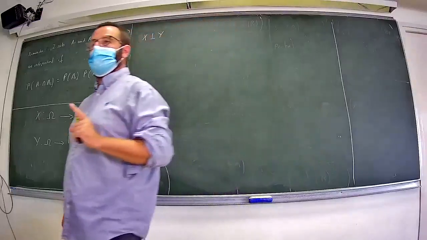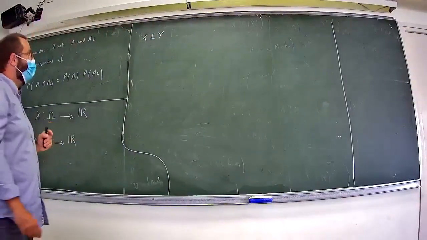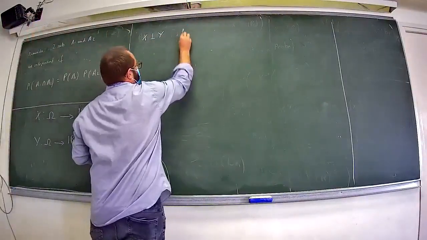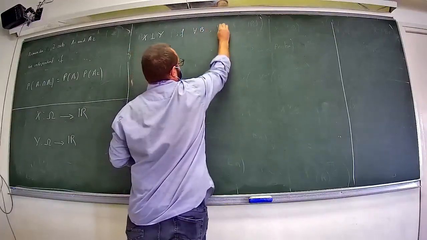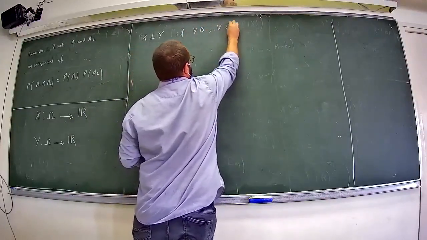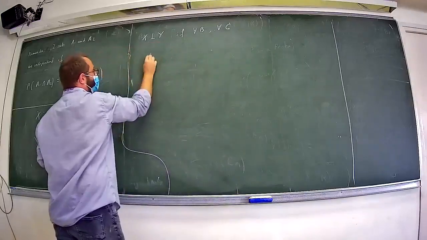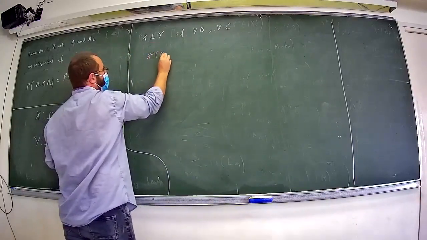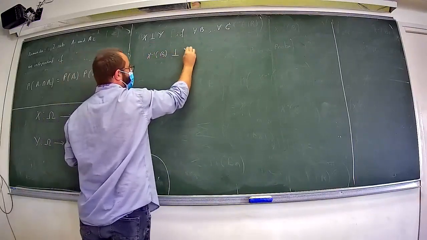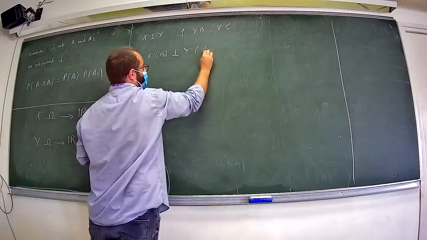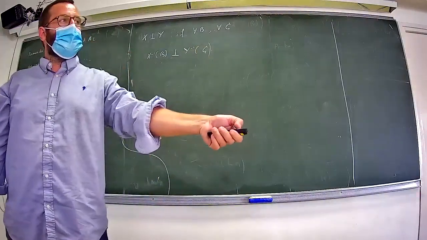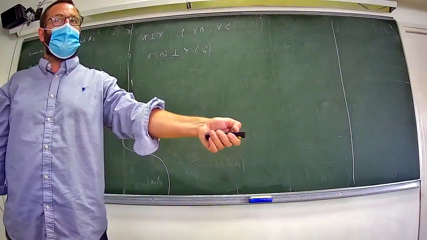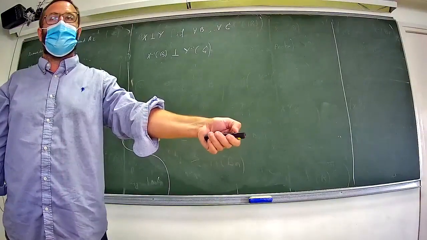X and Y are independent if and only if for all B, for all C included in R, I have X minus 1 of B that is independent of Y minus 1 of C. It's exactly what I have written here, that the probability of the intersection between the preimages is equal to the product of the probabilities.